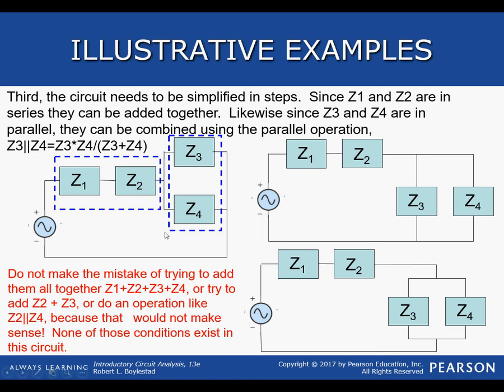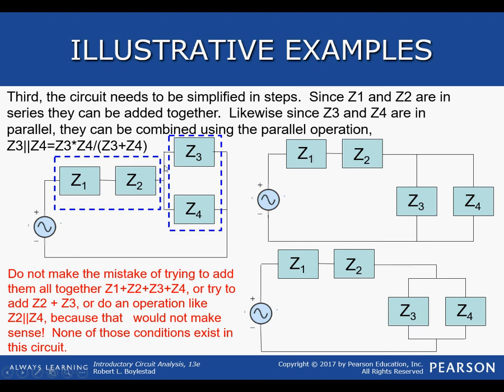That being said, also do not make the mistake of trying to add them all together, like Z1 plus Z2 plus Z3 plus Z4. That would only hold true if all four of them were in series, which they are not in this circuit. Or try to add Z2 plus Z3, because again, Z2 and Z3 are not in series. You have Z4 involved, and they're not in series.